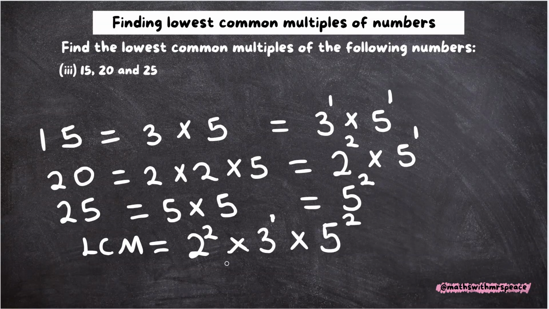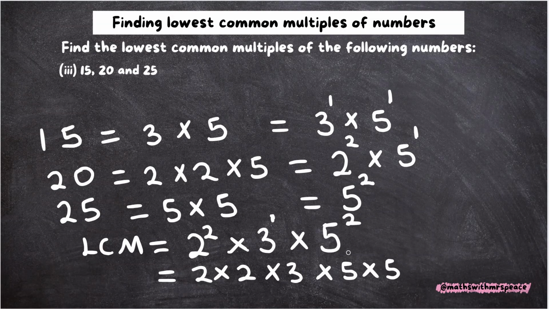And let's go ahead to expand and multiply. So we'll get 2 times 2 for 2 raised to the power of 2, times 3 for 3 raised to the power of 1, times 5 times 5 for 5 raised to the power of 2. So let's go ahead and multiply this.